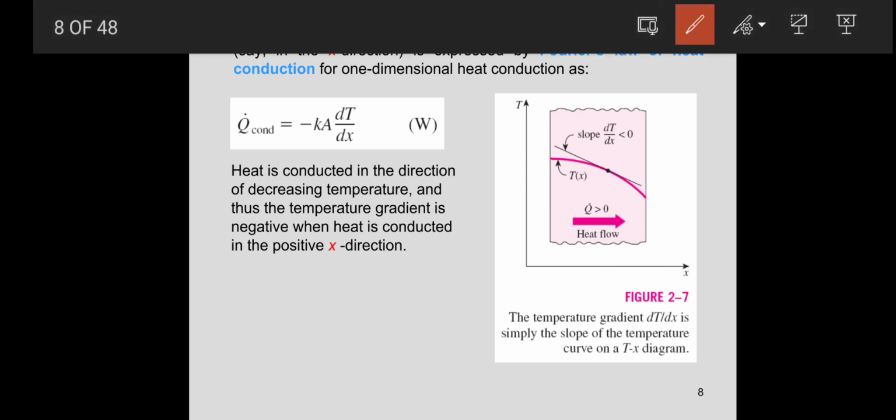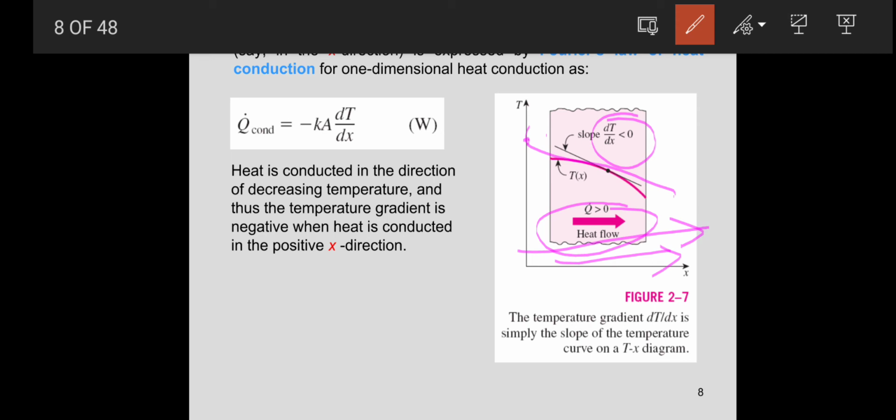In the diagram we have given the positive x direction, and the temperature of the wall changes from a higher value to a lower value. If you plot the graph, the slope dT by dx, the temperature varying along the direction x, is negative. But in this direction the heat transfer rate is positive, greater than 0.